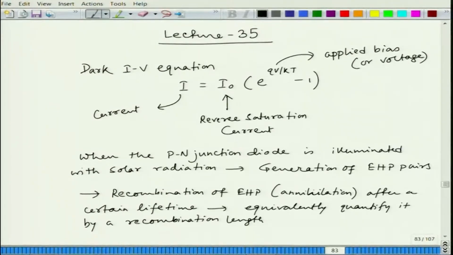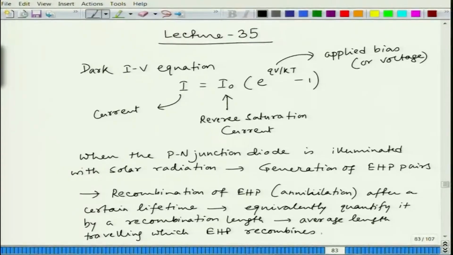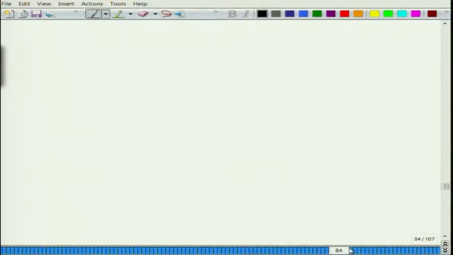We have introduced this earlier: Ln and Lp are the recombination lengths of electron and hole you have seen. So, it is the average length travelled before the EHP recombines. That is the meaning of recombination length.